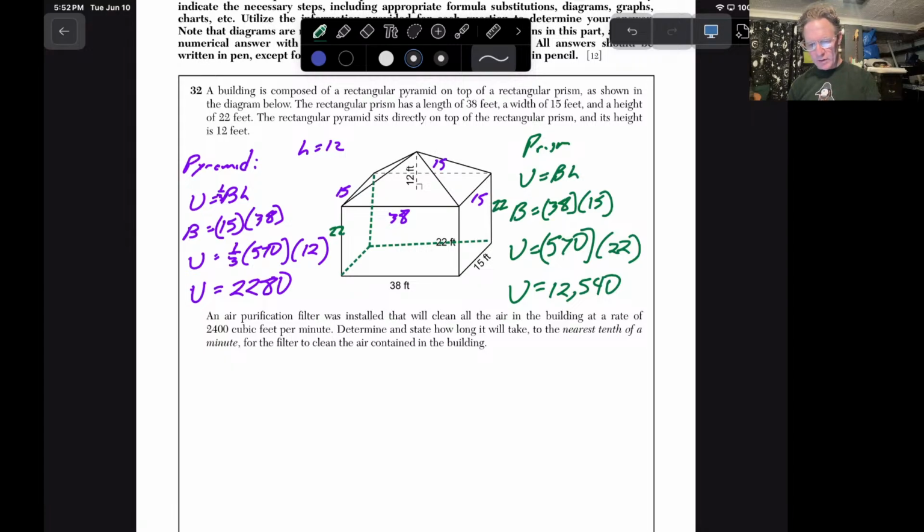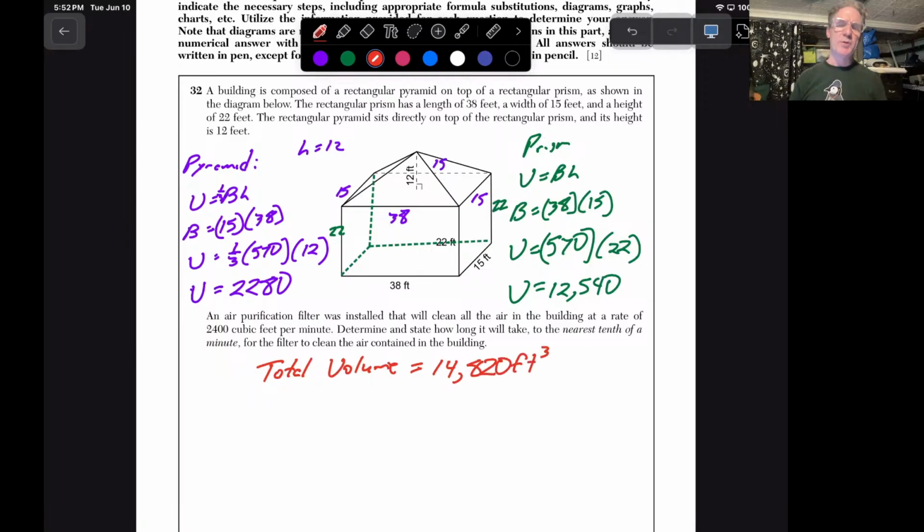So the total volume, if we add those two things together, would be 14,820 cubic feet. You don't have to put down the units. You'll still get credit if you don't do that.